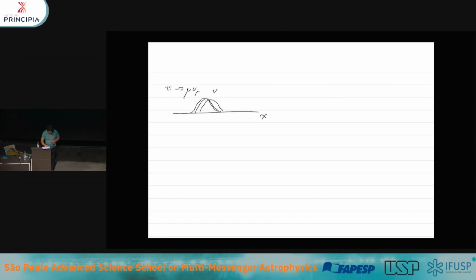That corresponds to the 3 neutrino mass states that are superposed in that production region. As these neutrino wave packages travel through space, they are going to separate themselves spatially because they go at different velocities. So here on Earth, you could get something like this, where the neutrino state is completely separated.